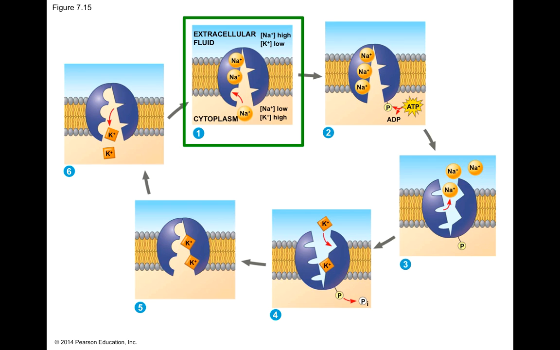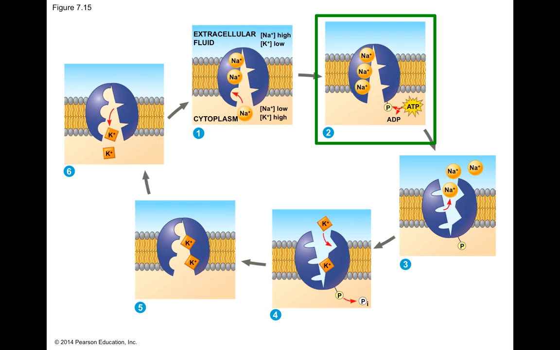Normally, the pump is open to the inside of the cell. In this shape, the protein has a high affinity, or attraction, for sodium ions. 3 sodium ions can enter and bind to the 3 binding sites on the left side of the pump. This binding will trigger the 3rd phosphate group on ATP to break off and attach to the protein.